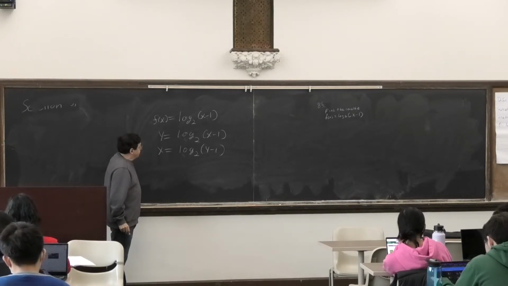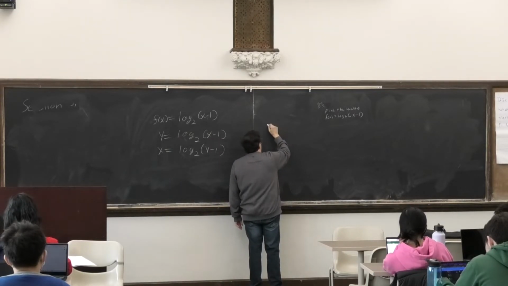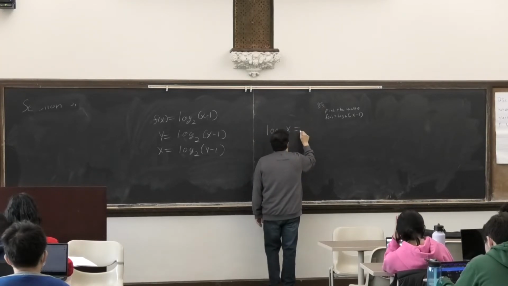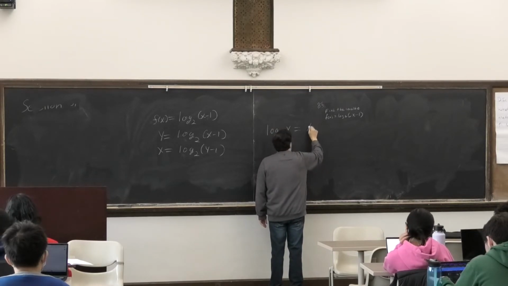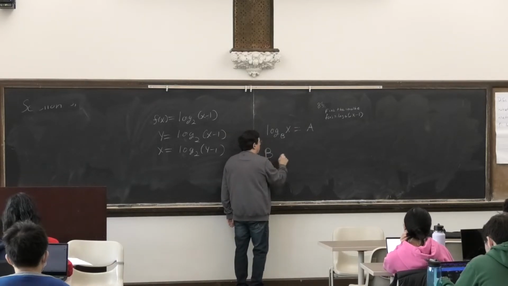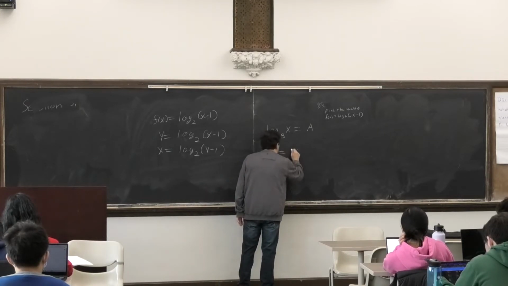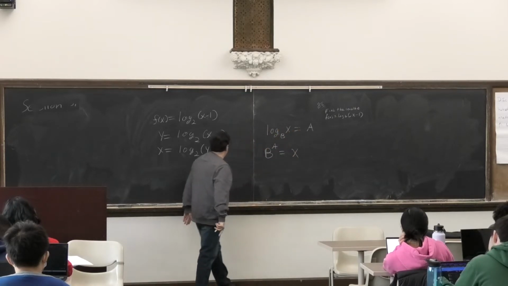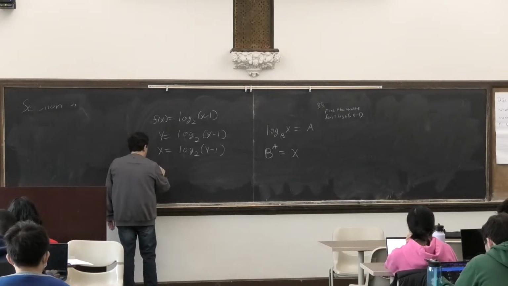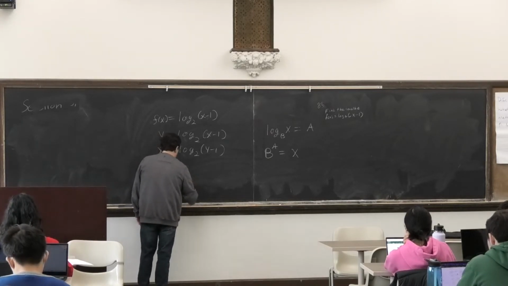Well, remember, log to the base b of x equals a. B is the base, and the log is an exponent. The inverses. So we can do the same thing here. 2 is the base, x is the exponent, and that's 1 minus 1.